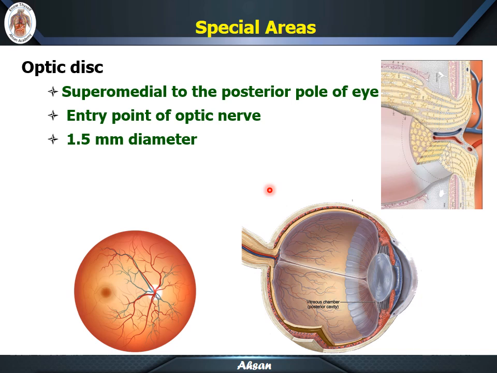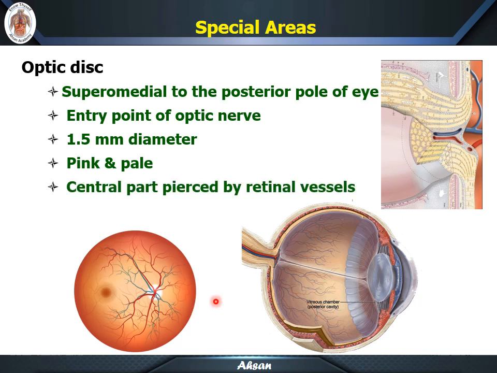It is about 1.5 millimeter in diameter and easily visible through the pupil by the ophthalmoscope. It is relatively paler than the surrounding areas and light pinkish in color.